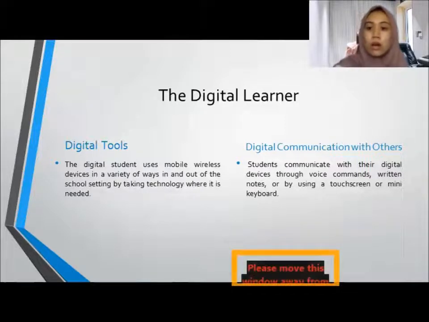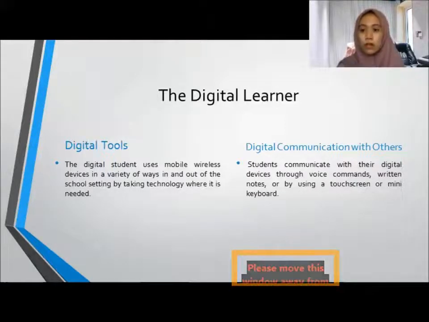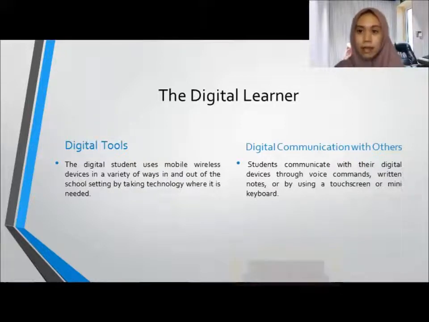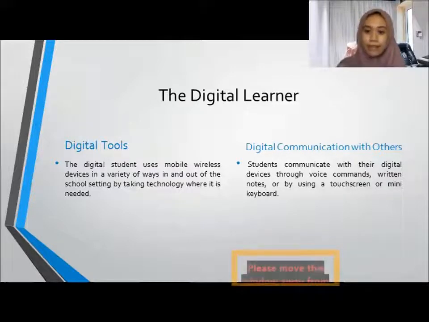They also communicate with their digital devices through voice commands, written notes, or by using a touchscreen or mini keyboard. Student learning communities extend around the world through web-based interactive communication tools and social media sites such as blogs, wikis, or podcasts.